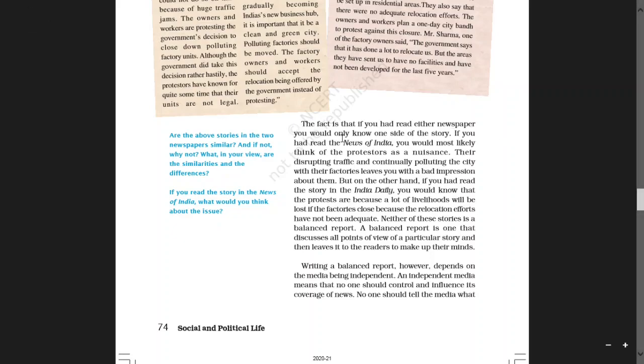If you had read the news of India, you would most probably think of the protesters as a nuisance. Nuisance means inconvenience.